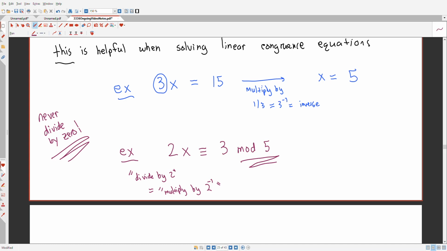That should be the same thing as saying I want to multiply by its inverse. So I say, okay, is 2 invertible mod 5? Is there a number mod 5 so that 2 times it is equal to 1 mod 5? And you can check, yes, you can check that 2 times the number 3 is 6, which is 1 mod 5.